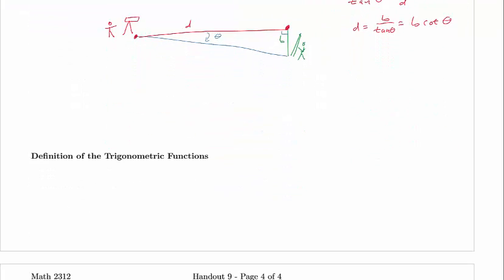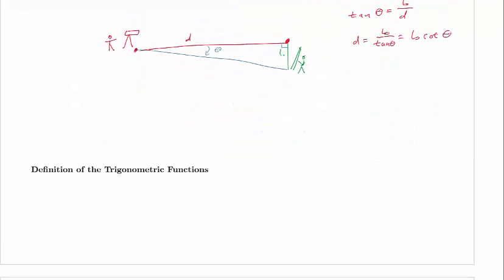All right, so we're going to go ahead and do a quick definition of the trigonometric functions. We just looked at one right there. We already know sine, cosine, and tangent. Cosecant theta, well, that is, again, 1 over sine theta, which is the hypotenuse over the opposite.